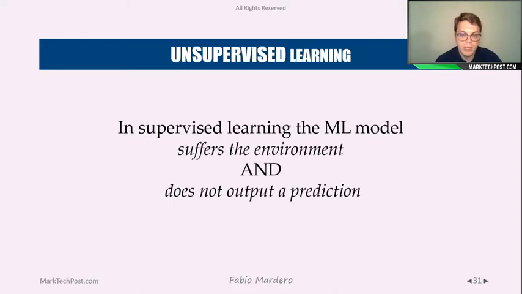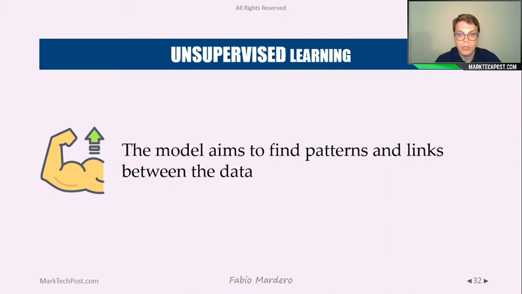In unsupervised learning, the model still suffers the environment, but now it does not output a prediction. So the model aims to find patterns and links between the data.